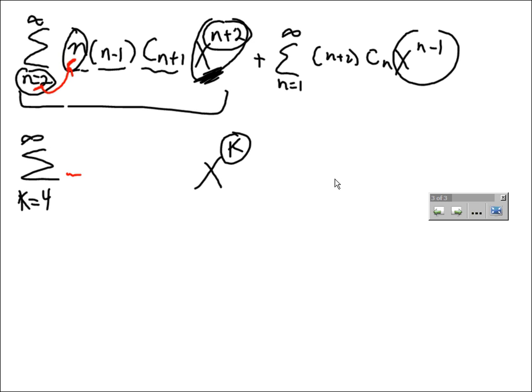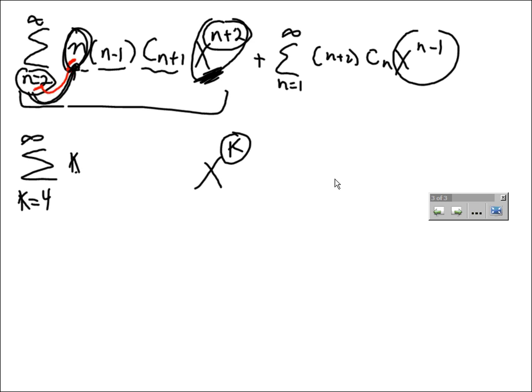So I want it to be 2, but k is 4. If I take away 2, it'll be 2. But then when n is 3, that should be 3.